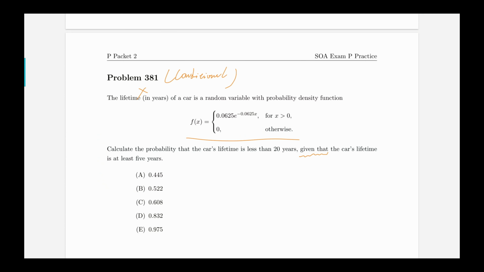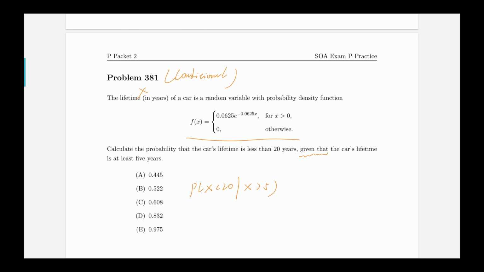So we want to find P(x is less than 20), and let's assume that the unit is years, given that the lifetime is at least 5 years, so x is greater than 5.